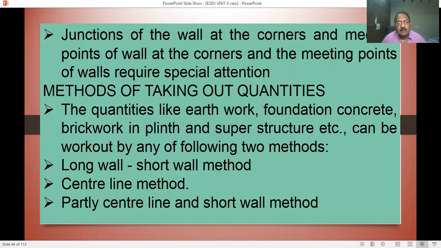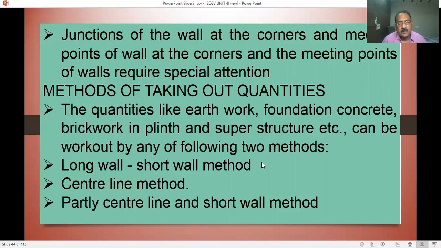So what are the methods of taking out quantity? If you look at the methods, there are three methods and very important are only two: long wall, short wall method. This is also known as separate wall method. Don't confuse, separate wall method and long wall, short wall method are the same.